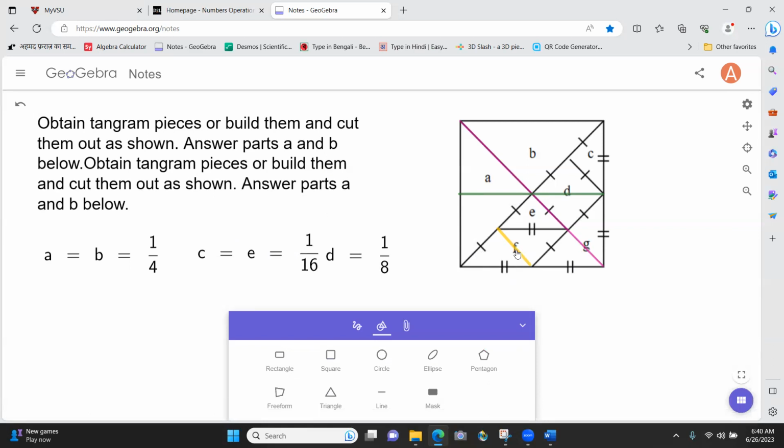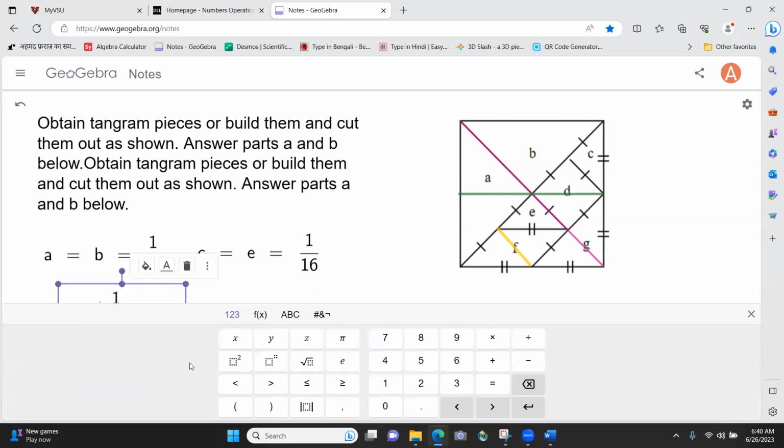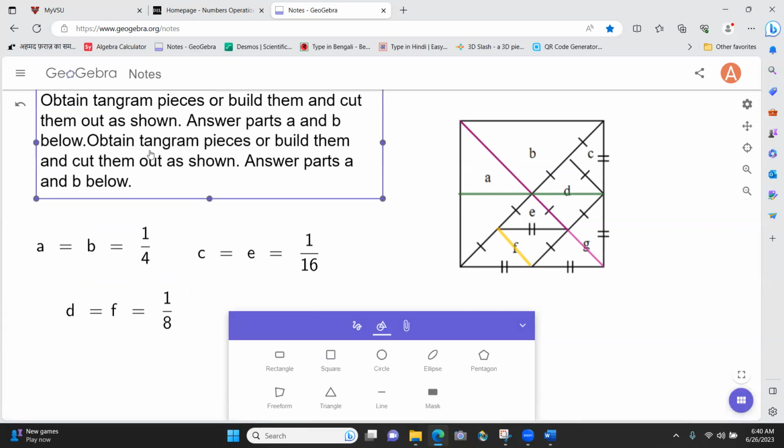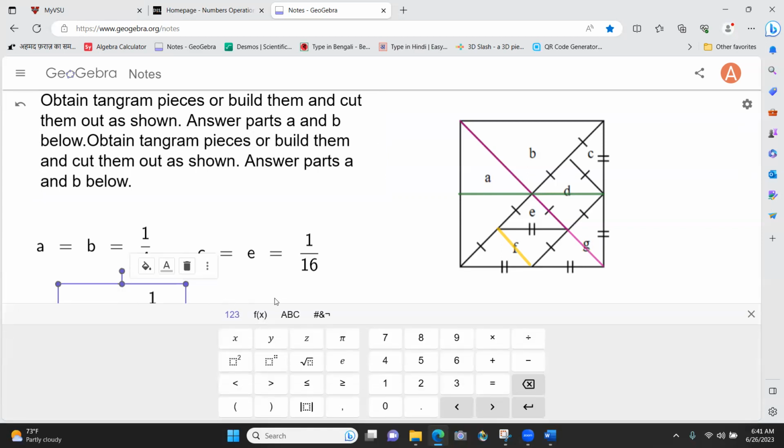Now look at F. F is the same as D. Two triangles, two triangles. So I'm going to put it here. F and D are the same. Got it? Almost done. G is also the same as D because D uses these two triangles, G uses these two triangles. They're all 1/16. So I'm going to put G here.